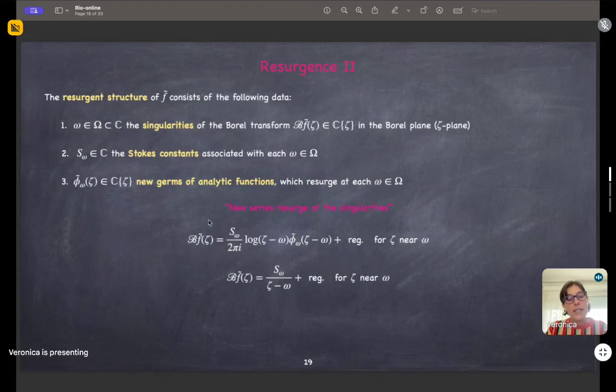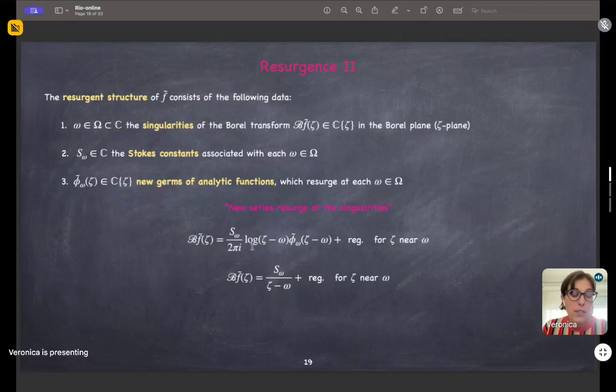What does it mean? Let me just give you here an example. If the Borel transform of your function has a logarithmic branch cut singularity at the point omega, which means in particular that locally it looks like that, now you see that the Stokes constant and what I call the new germ of analytic function can be read through the structure of the singularity.